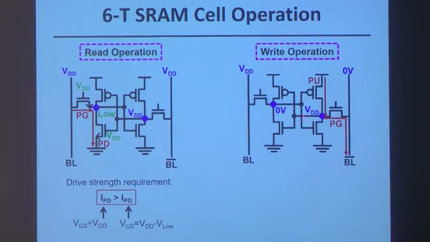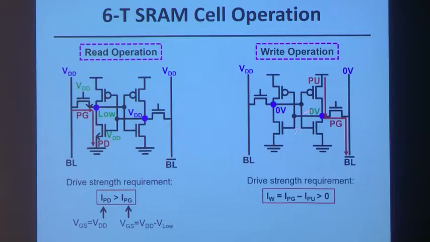We have the same information stored, but now we'd like to change the information in the cell, flip this storage node from high to low. So we put a low voltage on this bit line, and when we activate the pass gate transistors, we turn on the pass gate transistors. We want the pass gate transistor to pull this storage node low. Now it has to fight this pull-up transistor, whose job is to keep that node high.